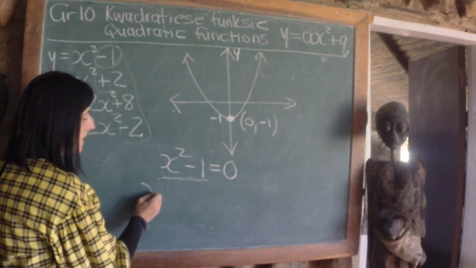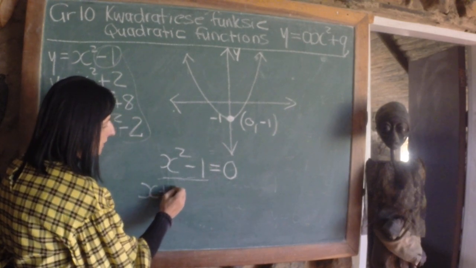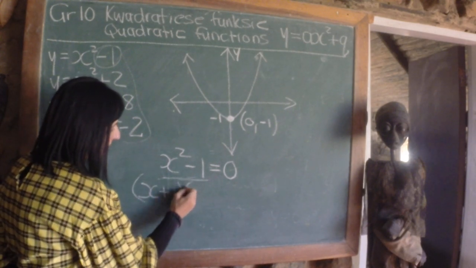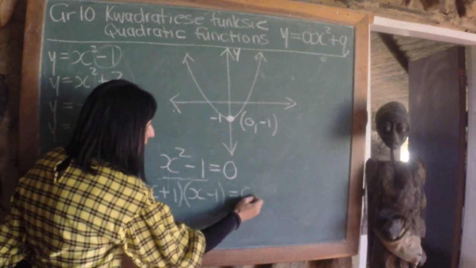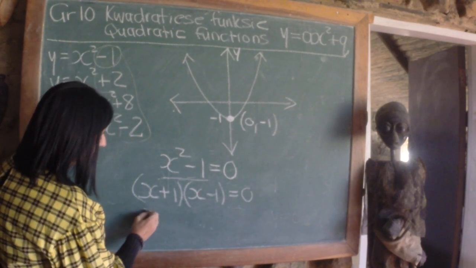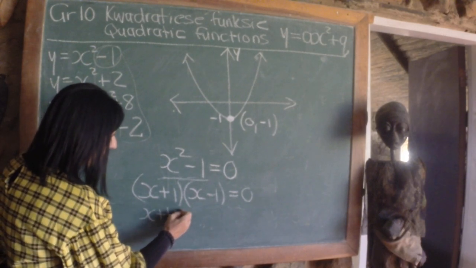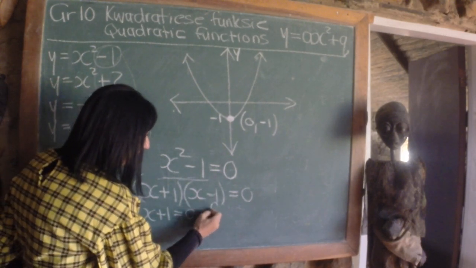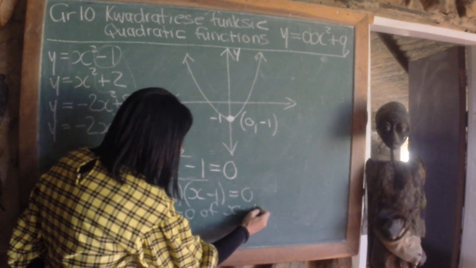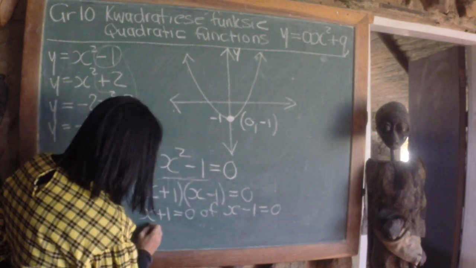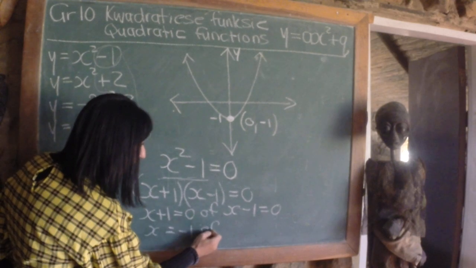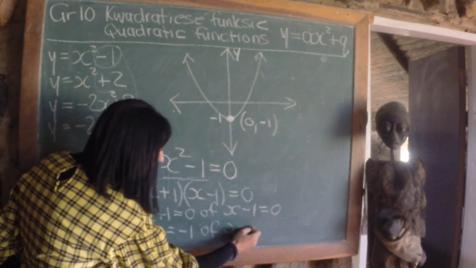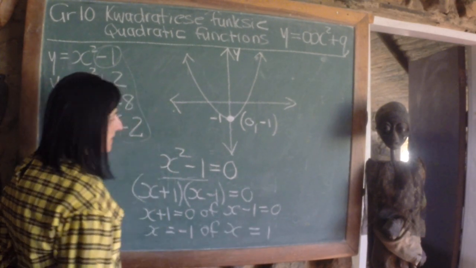So ek gaan sê, this is the difference between two squares. So I factorize. Nou het ek my 0 factor weg. So of my een hakkie is gelyk aan 0, of my ander hakkie is gelyk aan 0. So ek kan gaan sê, x is gelyk aan minus 1, of, as ek daai minus 1 oor die is gelyk aan vat, plus 1.